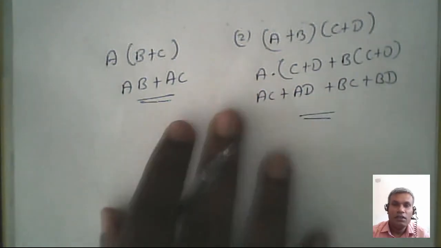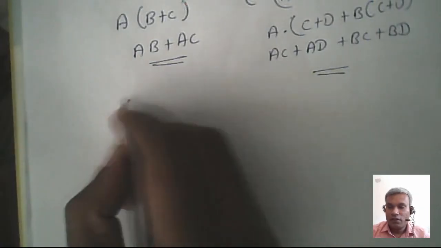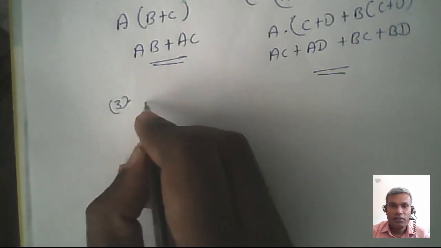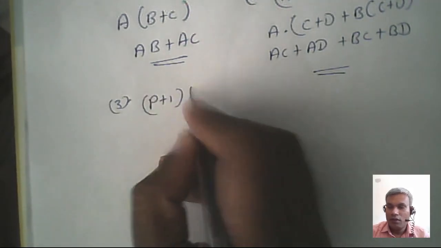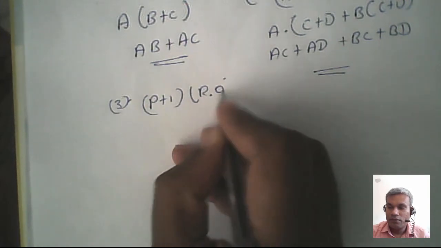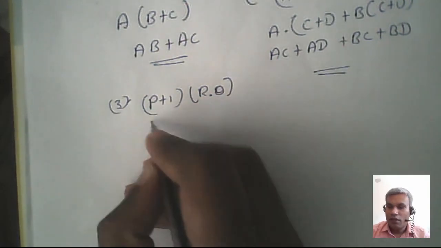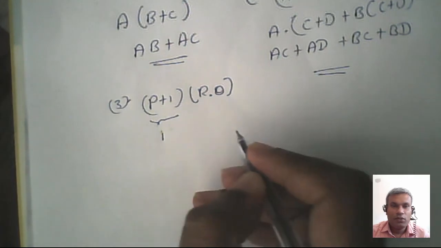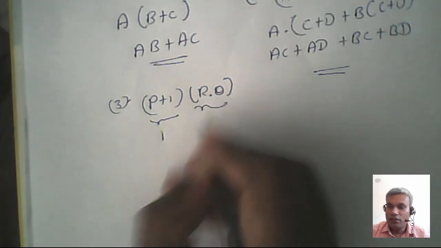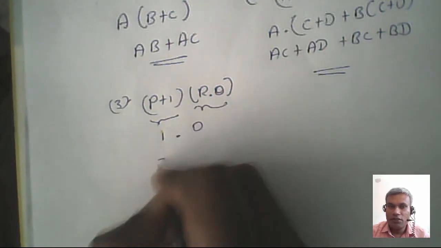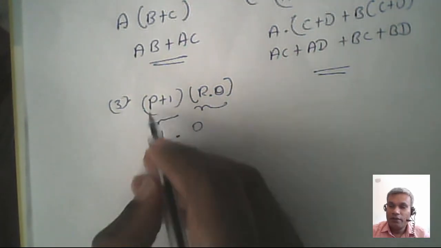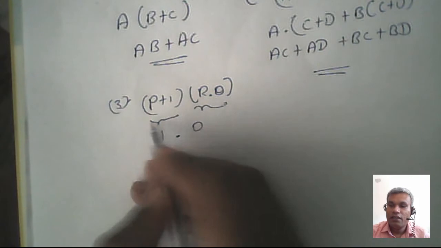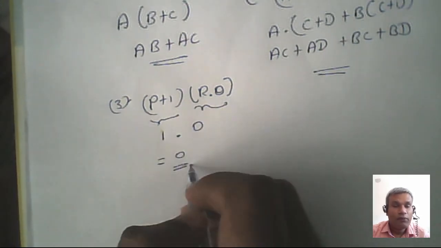So that is the one. And the last one, the third question: P plus 1 into R dot 0. Now P plus 1 simplifies into 1, R dot 0 simplifies into 0, so 1 dot 0 is actually 0. That means regardless of the values of P and R, this statement will always give a false value.